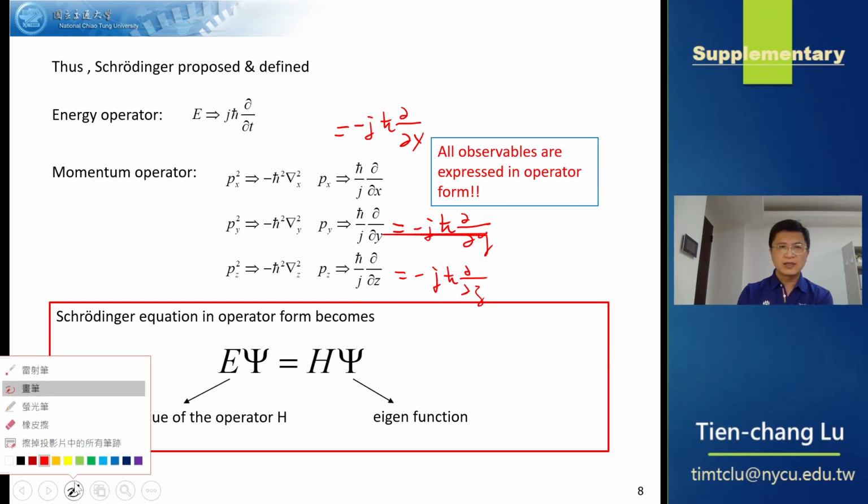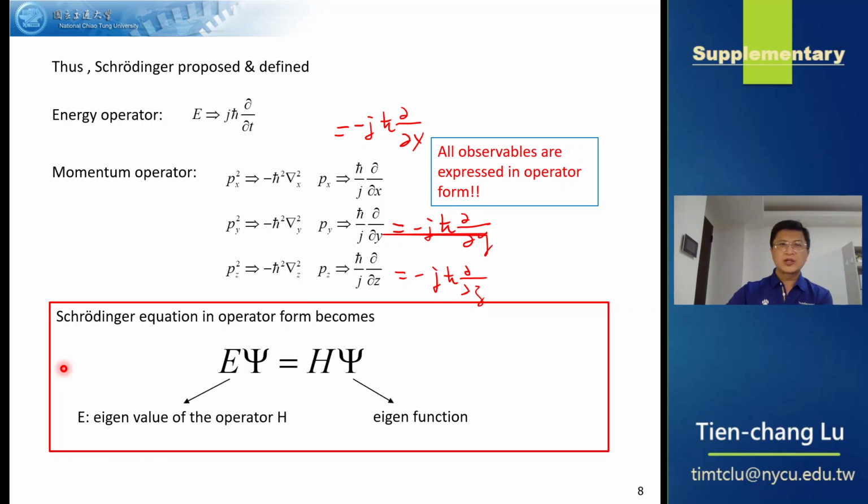So with these definitions, the Schrödinger equation in operator form now becomes Eφ equals Hφ.